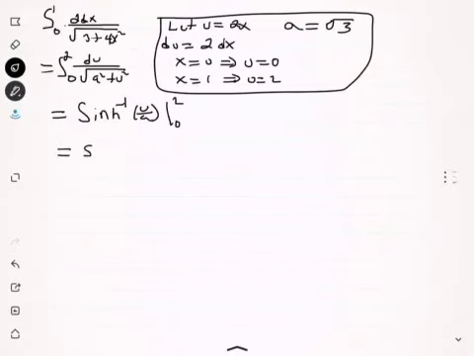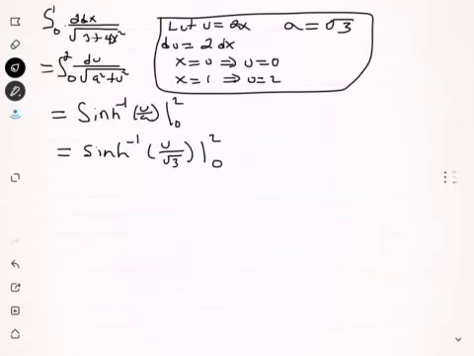And so the hyperbolic sine inverse of u over a is just the square root of 3, as u goes from 0 to 2. Notice that I could have plugged in u equals 2x back, but then I would have to put the original limits of integration, so I'm just going to leave it like that.